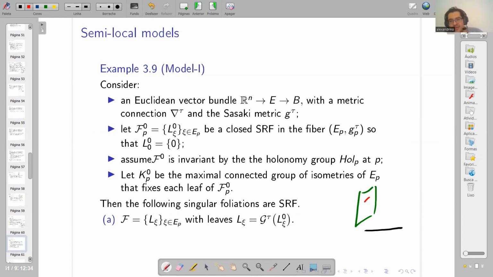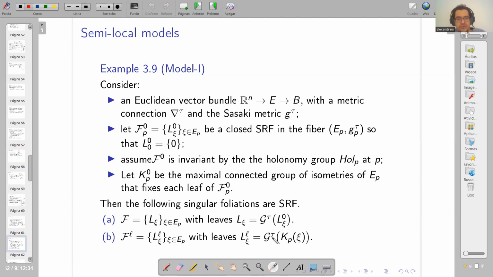We have inside of our fiber a leaf. And what we do, instead of translating a vector, we translate the entire leaf. When you do that, you get again a singular foliation that turns out to be a singular Riemannian foliation.